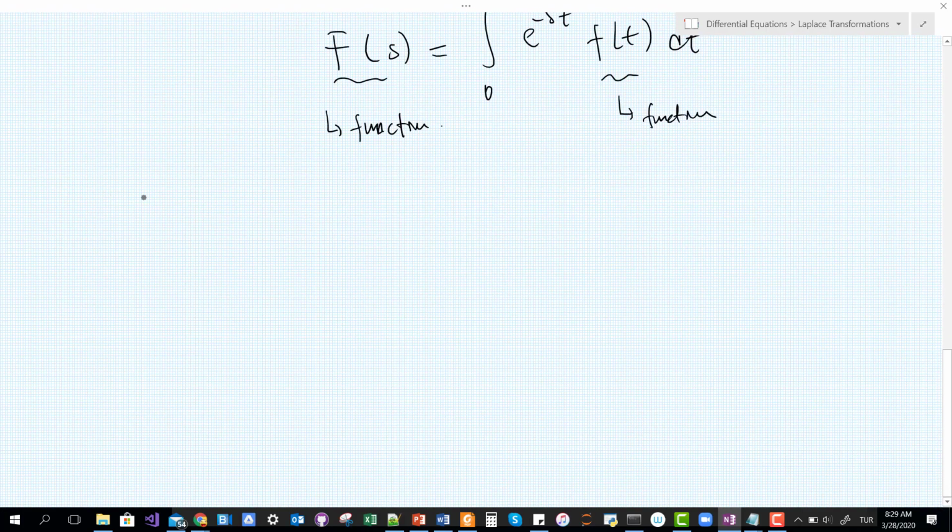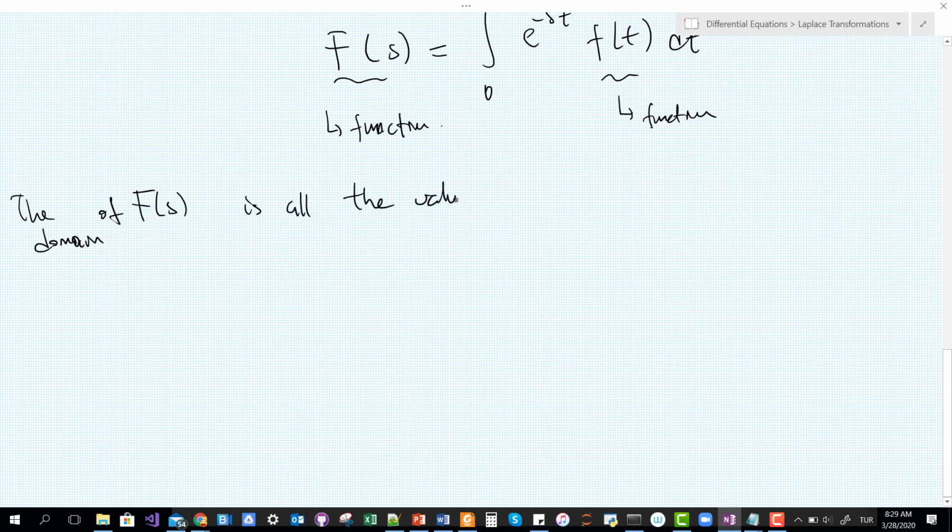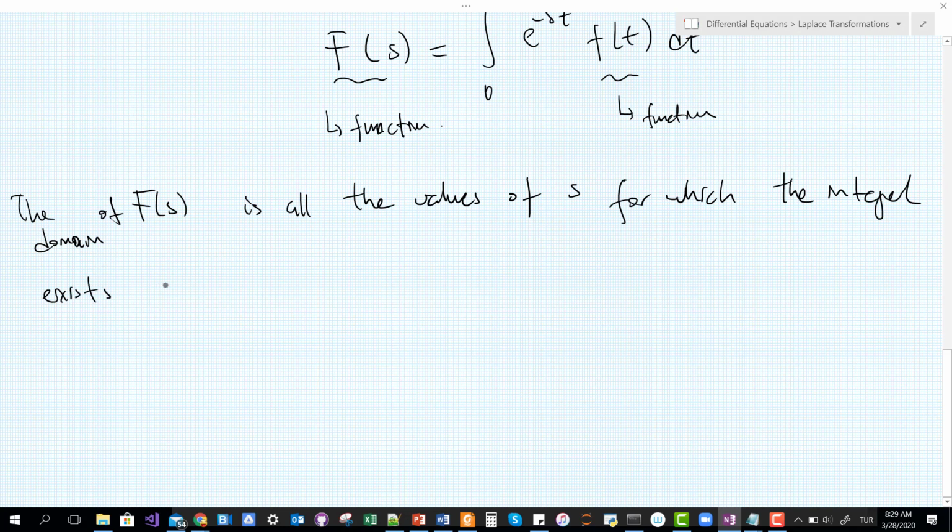There are some details about the transformation. The domain of big F is all the values of s for which the integral exists.